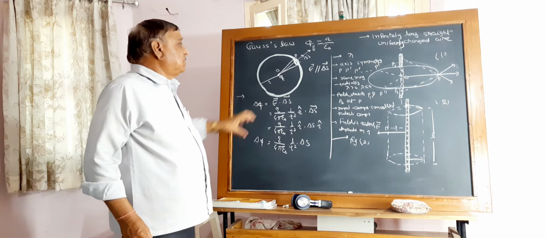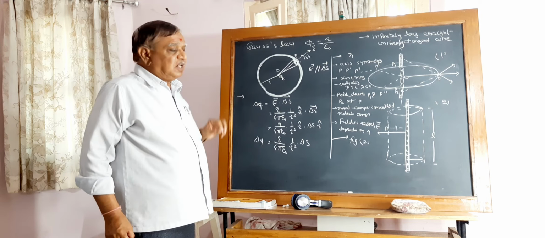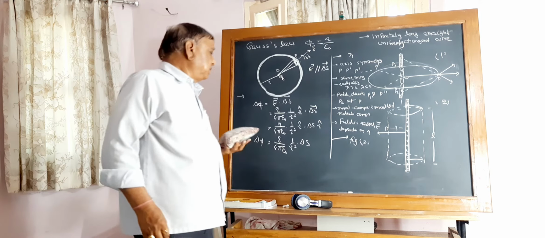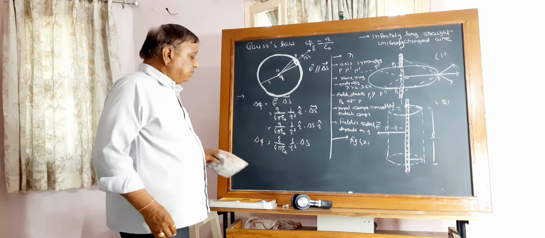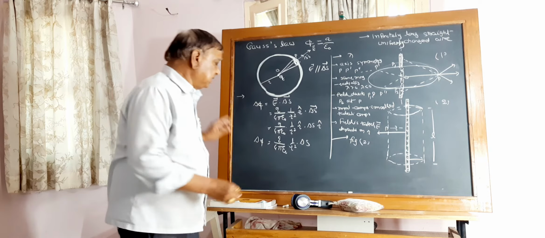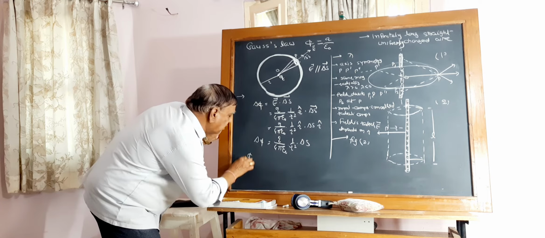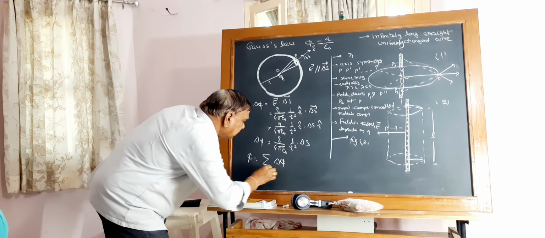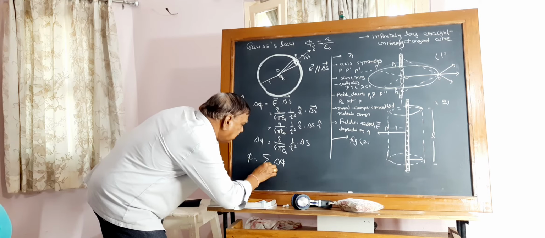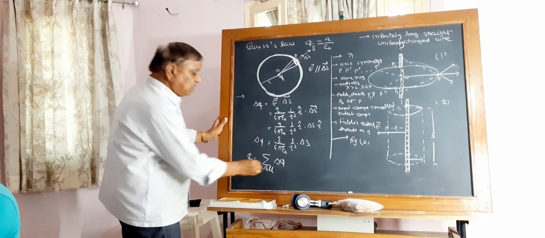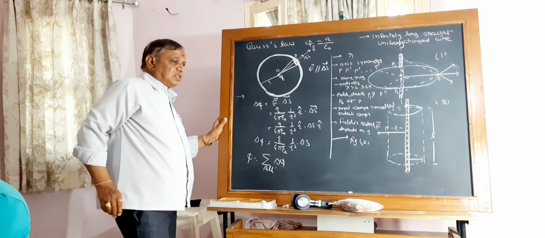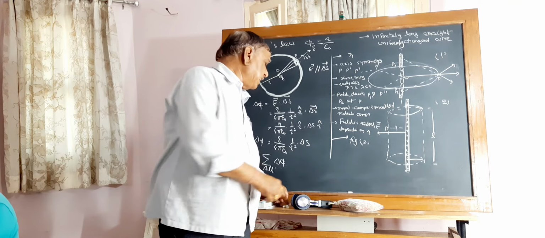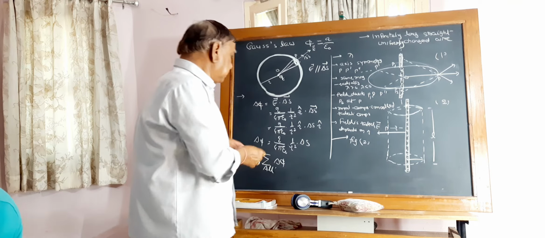To find the total flux linked with the spherical surface, we have to add up. So total flux phi is the summation of delta phi for all area elements. Here sigma stands for the summation over all area elements of the spherical surface.